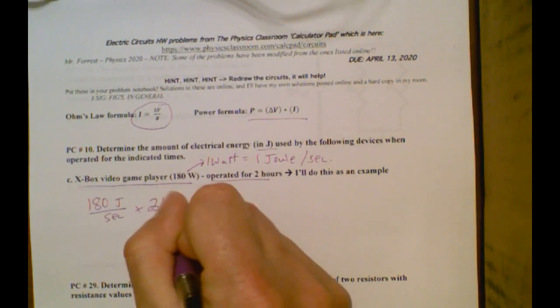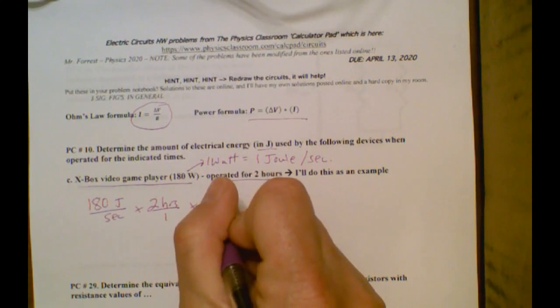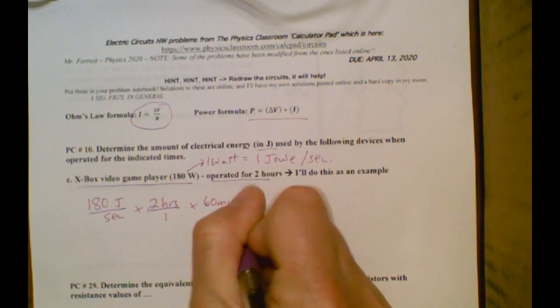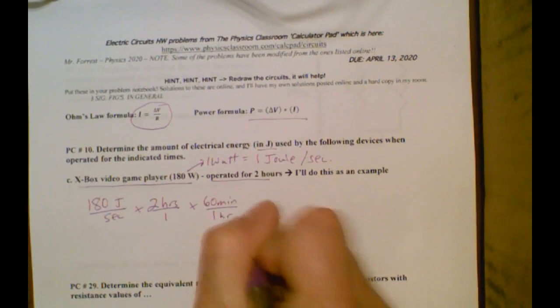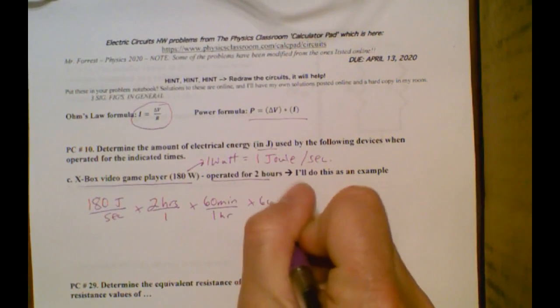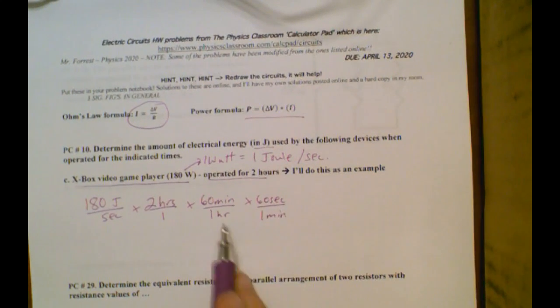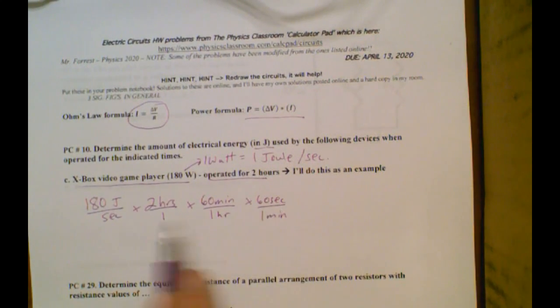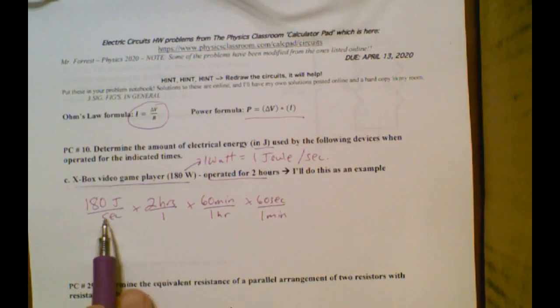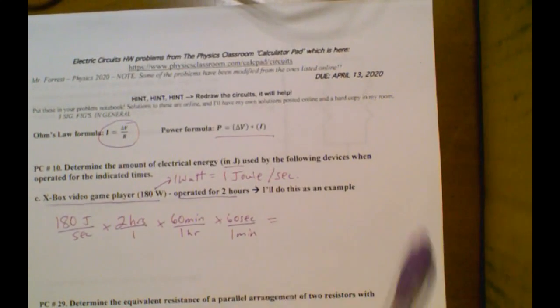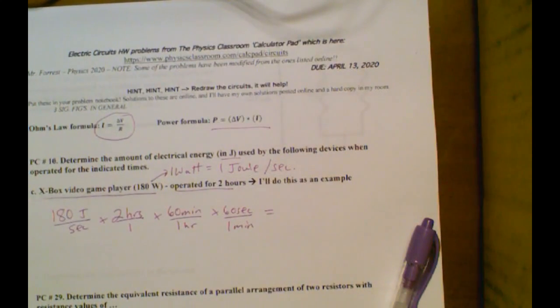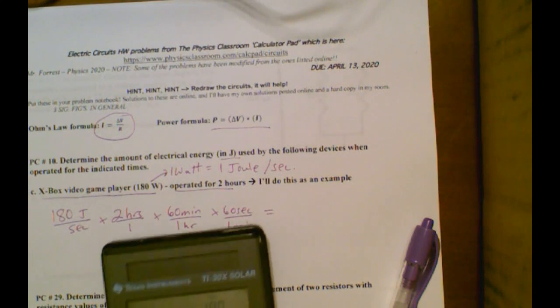but there's 60 minutes in 1 hour and 60 seconds in every 1 minute. So there's 3,600 seconds in an hour times 2 hours is 7,200 seconds multiplied by that. So that's going to give me a total of, actually I should show you that.